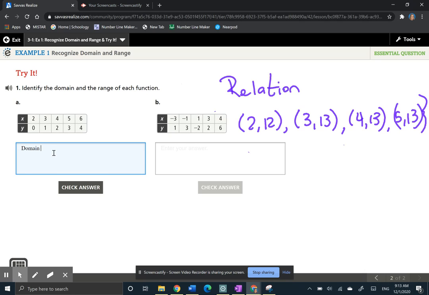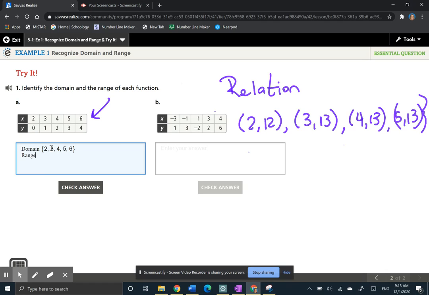Oh, yeah, the curly brackets are next to the P, so press shift and the key next to the P. Your domain for this one is going to be all of your X values. So that would be 2, 2, 3, 4, 5, 6. And then close your curly brackets.